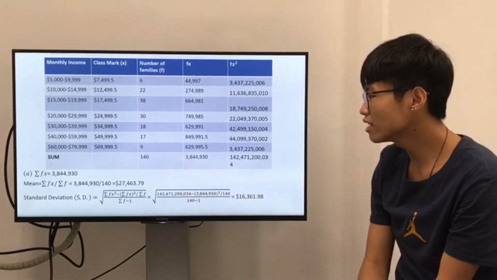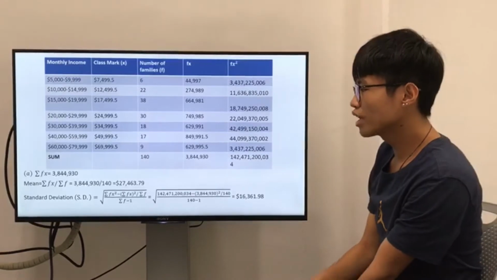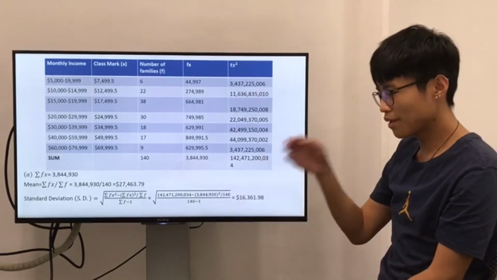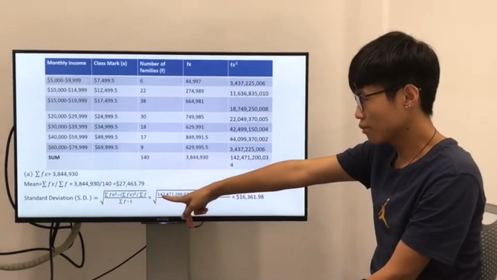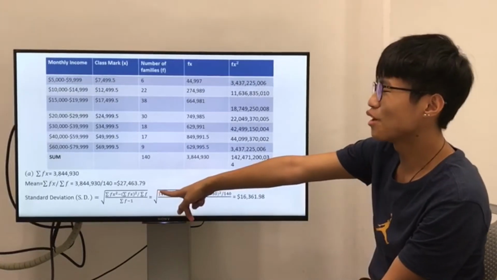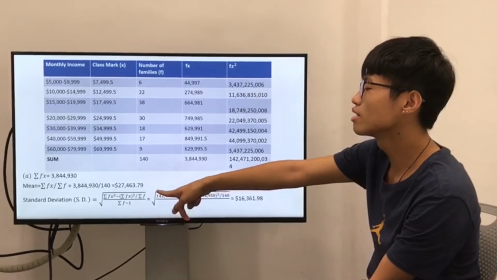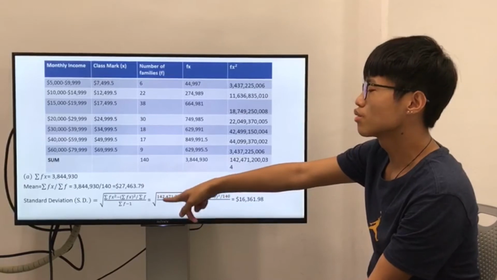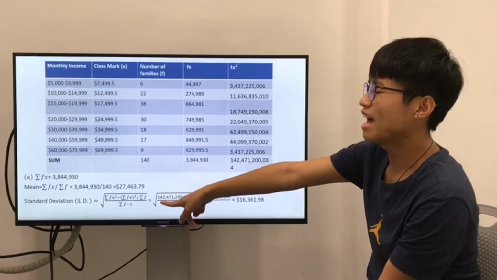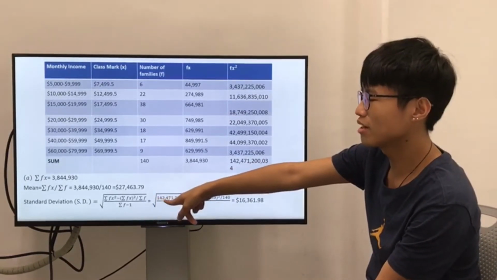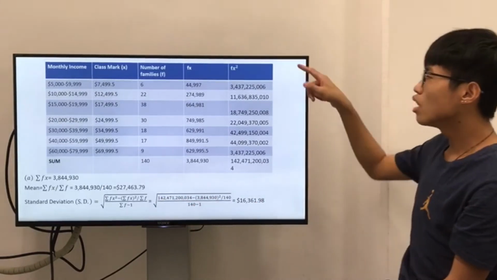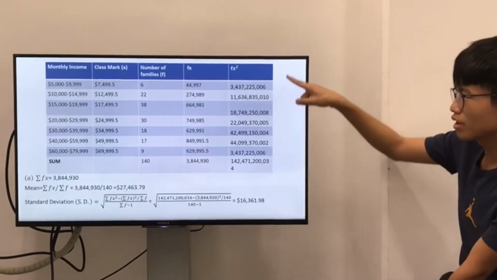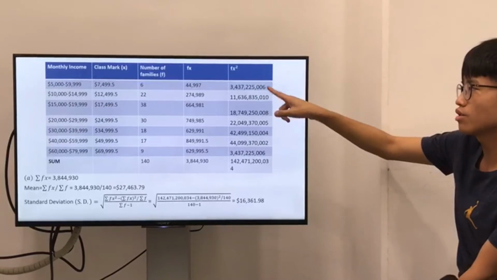27,463.79. And the standard deviation we can find by the formula: the square root of the sum of fx squared minus the sum of fx squared over the sum of f, all over the sum of f minus 1. This time we need to add a new column called fx squared.